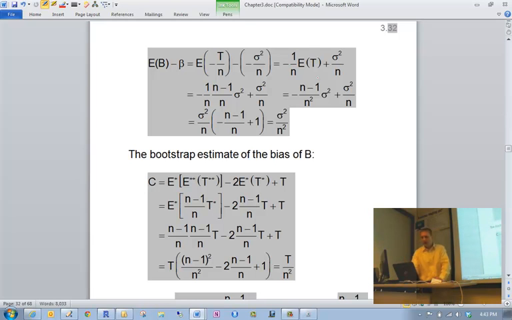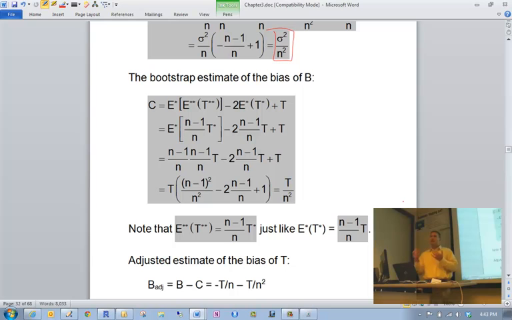So I'll just simply put in what b is, put in what beta is. Just do some expectations, do some algebra, see the details on your own, and I get sigma squared divided by n squared. Okay. So that's the bias.